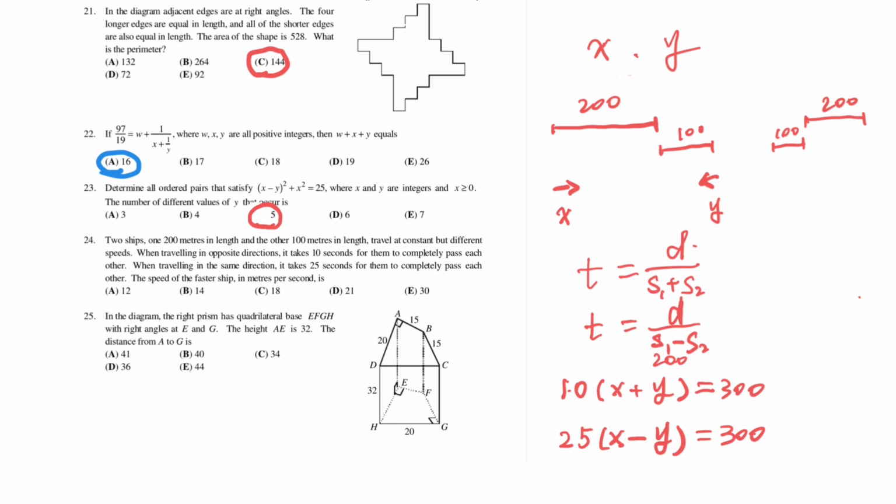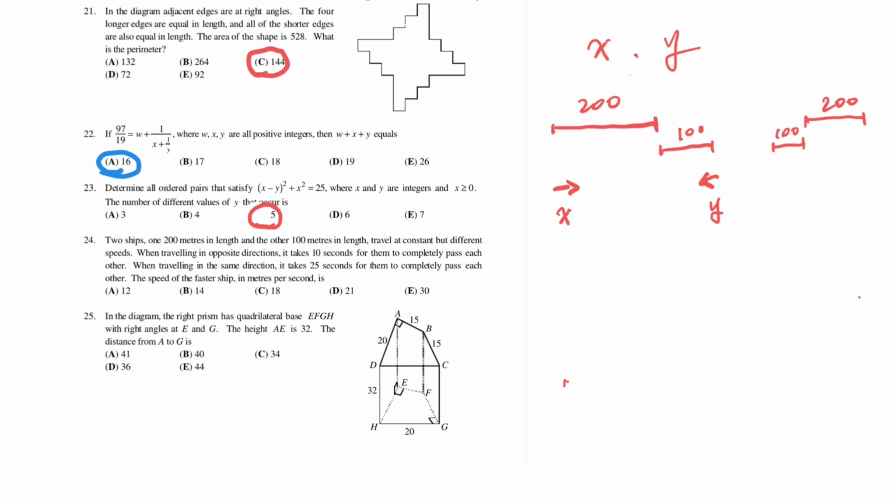Solve these equations. The first equation divided by 10 gives x plus y equals 30. The second divided by 25 gives x minus y equals 12. Add the two equations together, giving 2x equals 42, so x equals 21.